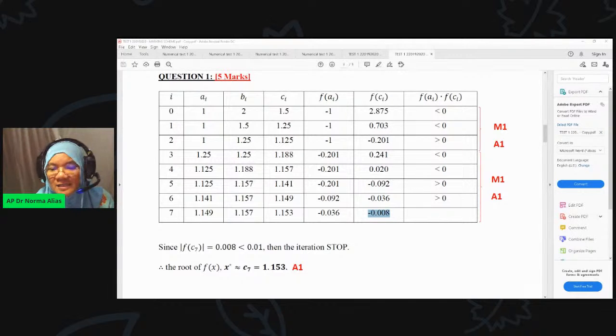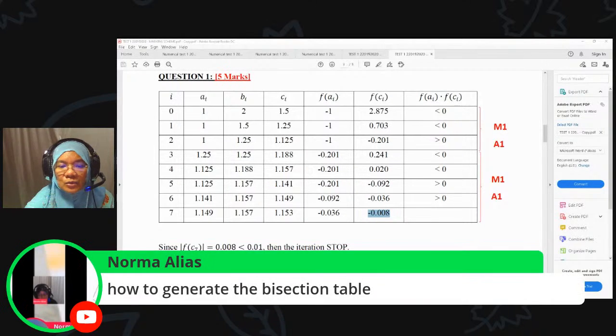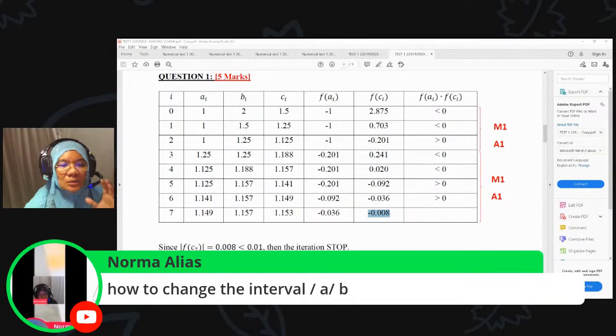The first is what I said: you need to generate the table based on the condition where F(C) is always greater than epsilon. Second, you need to change whether C will replace A or C will replace B by using the bisection condition.